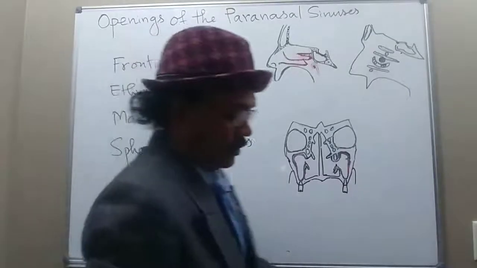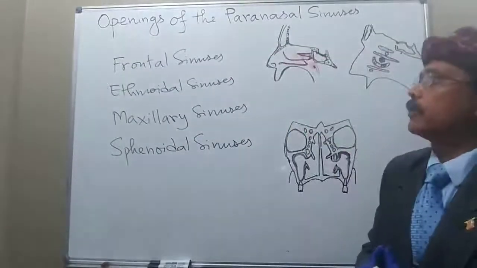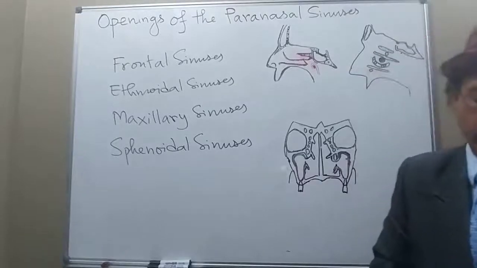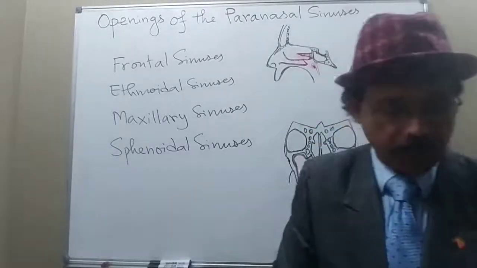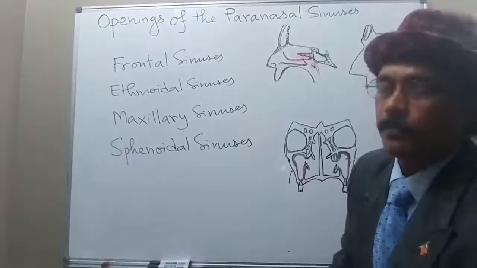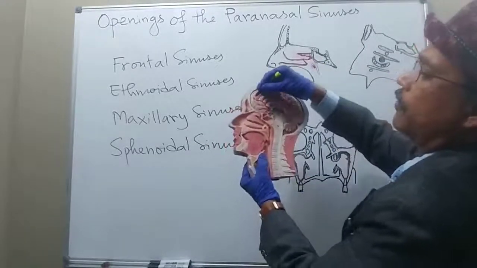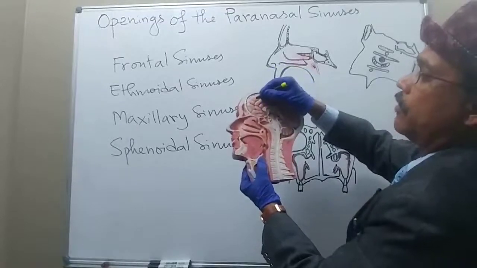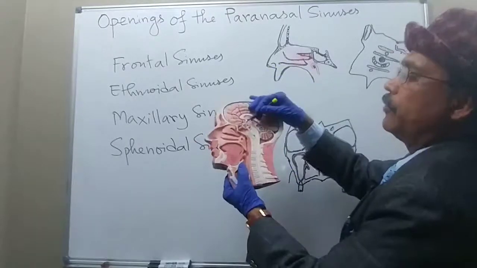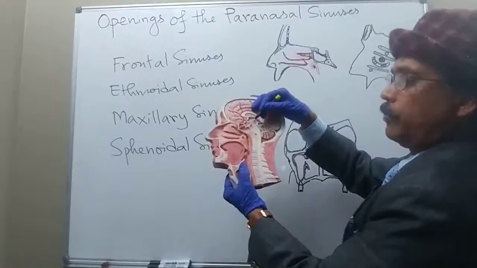Okay, so the frontal sinuses are located in the frontal bone. We have to identify that structure. That is the frontal bone. This is the frontal sinus here. This is the sphenoid bone. It contains the sphenoidal sinus.